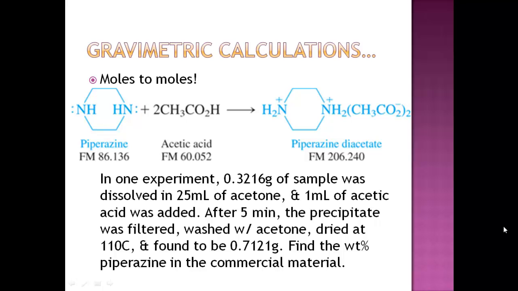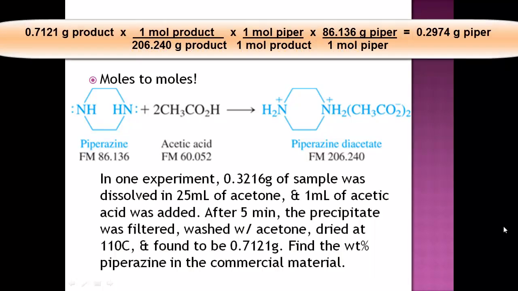First thing we need to do is find the mass of the piperazine. Like I said, the experiment gives you the mass of the product, which is 0.7121. So you take 0.7121 grams of the product and use the molecular weight of the product, which they give you, to get moles of the product: 206.240 grams of product is equal to 1 mole of product.